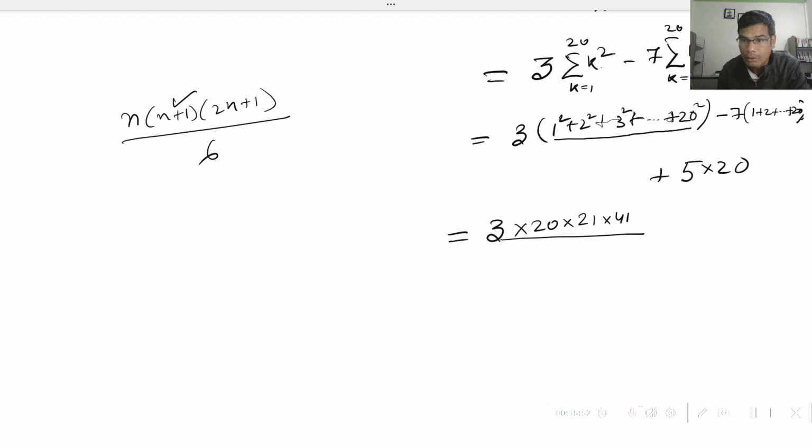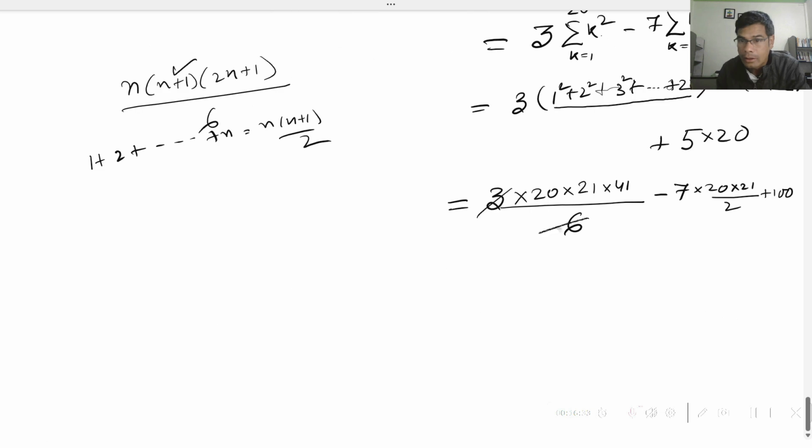So this whole thing divided by 6. Then next, 7 times the sum of the first n, that is 1 plus 2 up to n. So this is n times n plus 1 by 2. But n is 20, so this will be 20 into 21 by 2 plus 100.